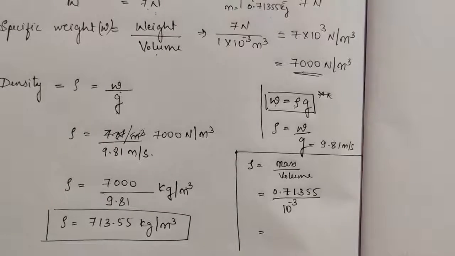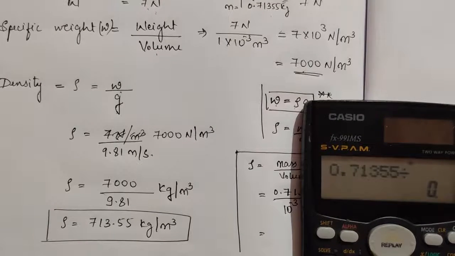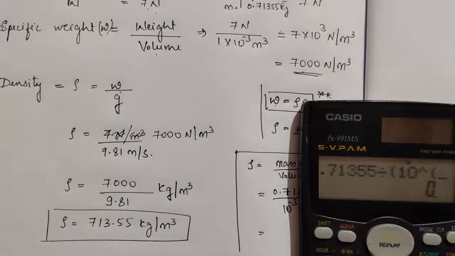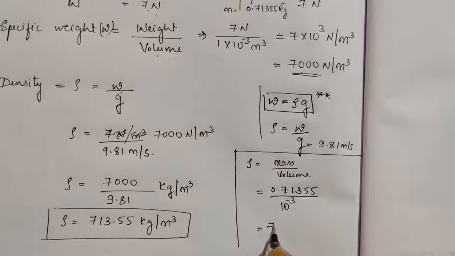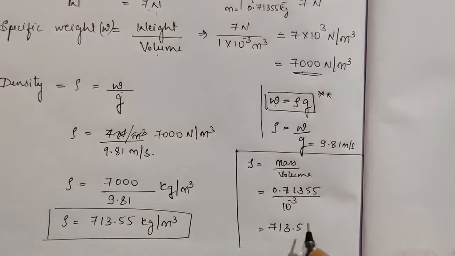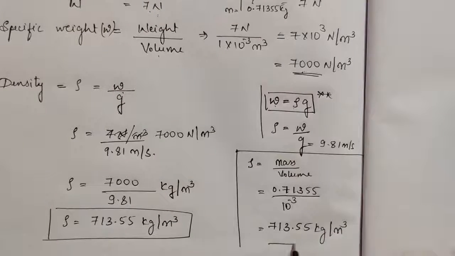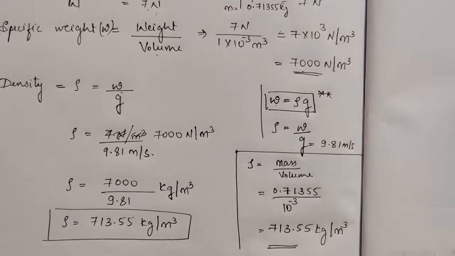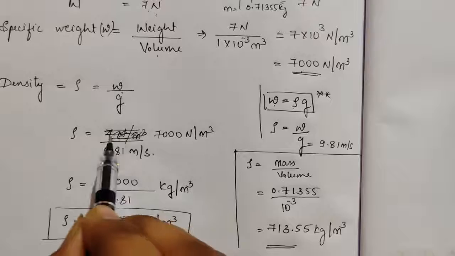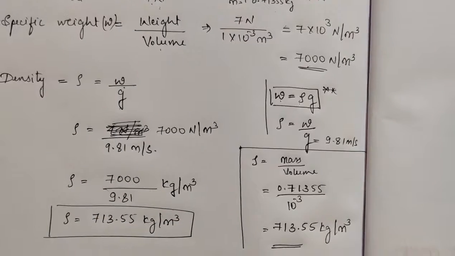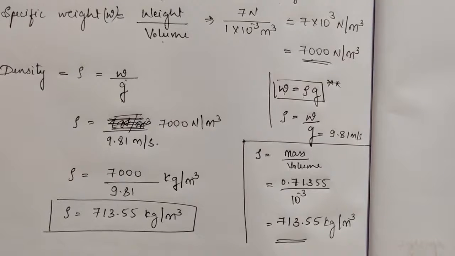Now if we solve this, 0.71355 divided by 10 power minus 3, you will get 713.55 kg per meter cube. This is the density of the liquid. I made a mistake here, so take one formula at a time so that you will not have any confusion.